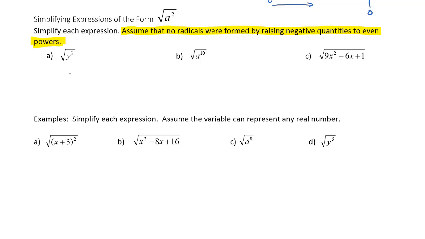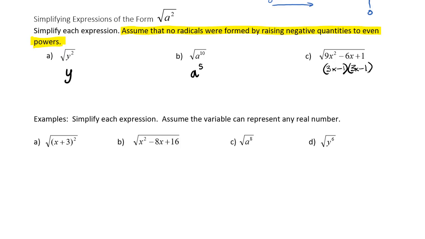For this first one, I have the square root of y squared, which is just y. The second one, I have the square root of a to the 10th, which would be a to the 5th. And this last one, I have the square root of 9x squared minus 6x plus 1. I'm going to factor that and see what I get. I get a 3x minus 1 and a 3x minus 1.